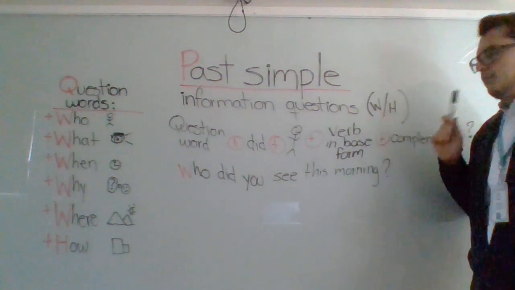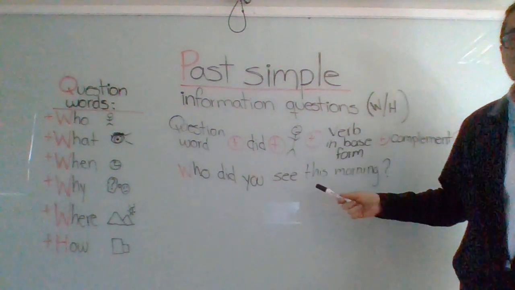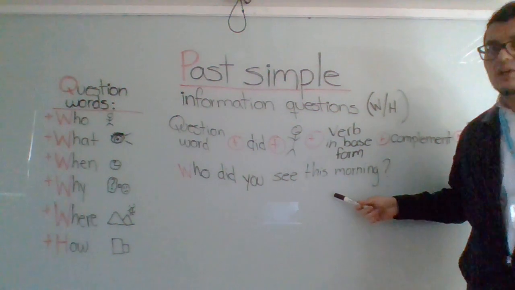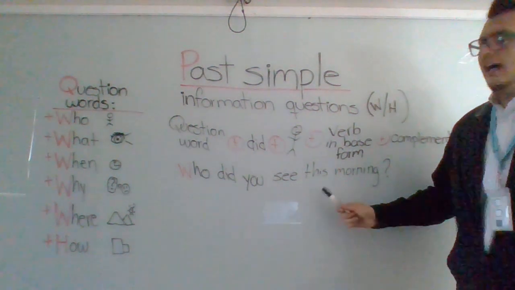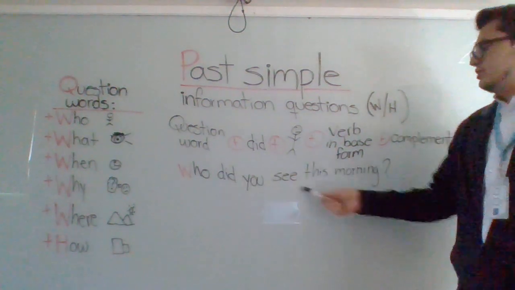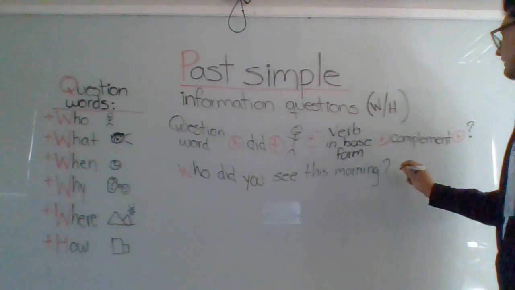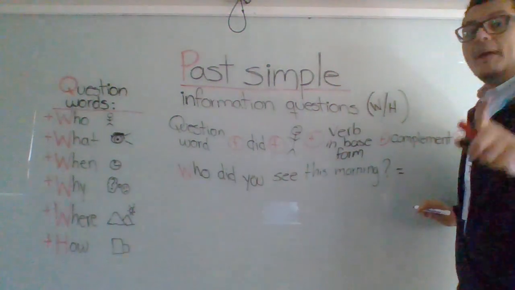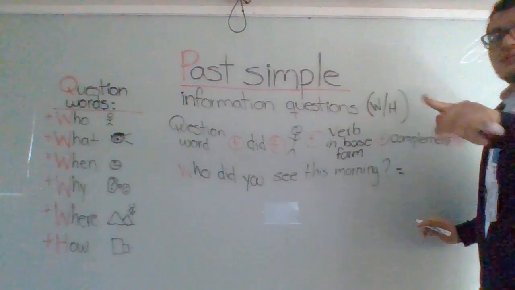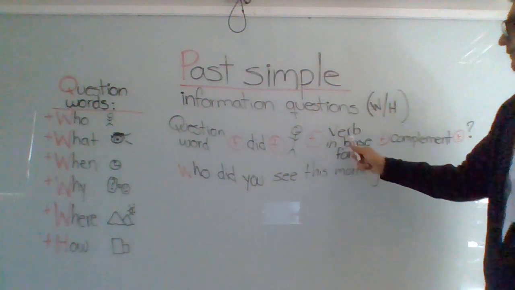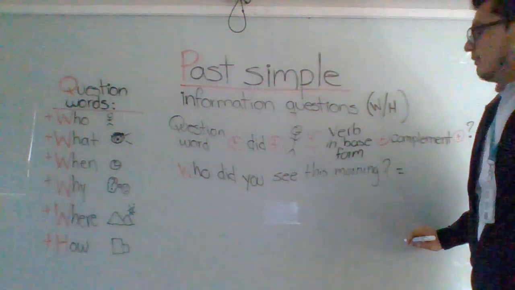If you pay attention, in an information question, the answer cannot be yes or no. That will be incorrect. Who did you see? Yes. No. So I need to give information. Who did you see this morning? And the answer is in past because this question is in past. We have did in the question. For the answers, we don't use did. We use the verb in past form.